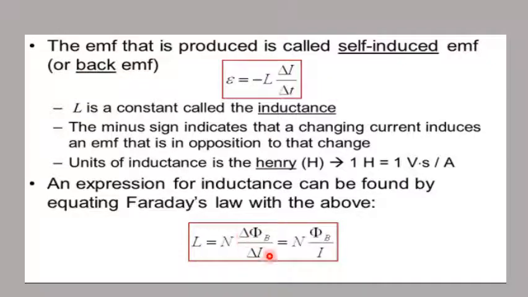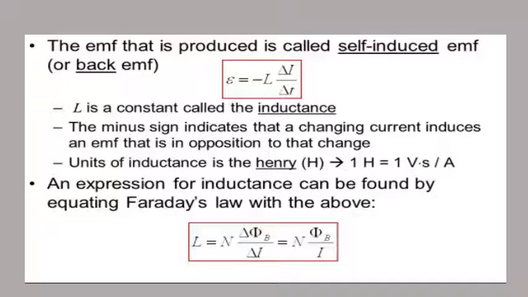Now, how can we understand this back EMF? In simple words, when in a single coil the current is changing, because of that there is a changing magnetic flux. We have already studied that whenever there is a changing magnetic field, there is a current flowing in that coil or conductor.